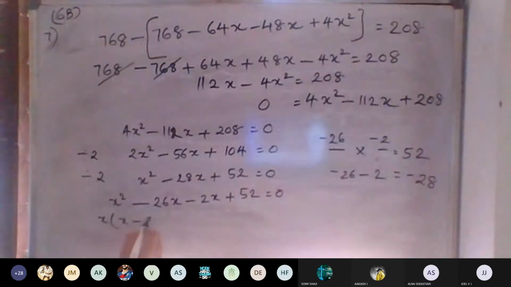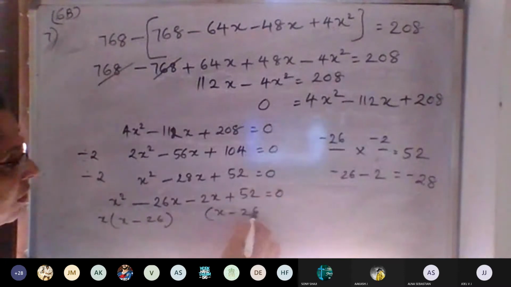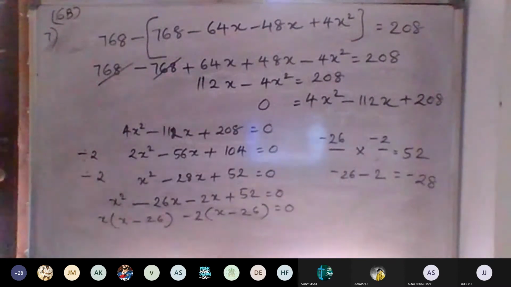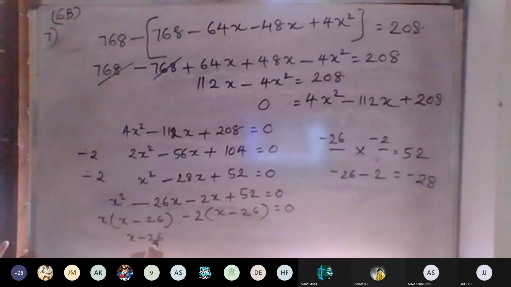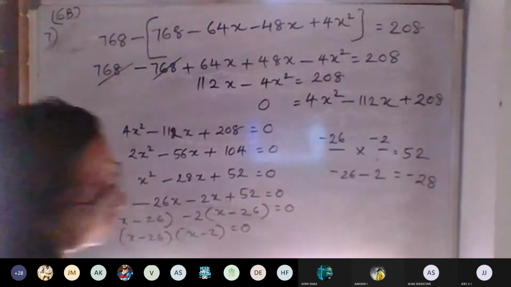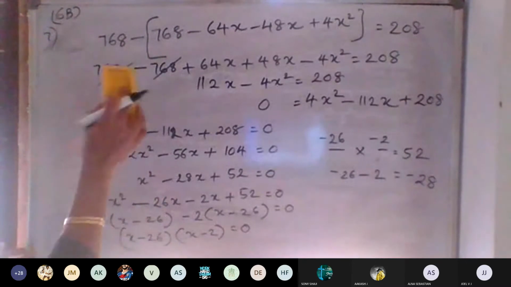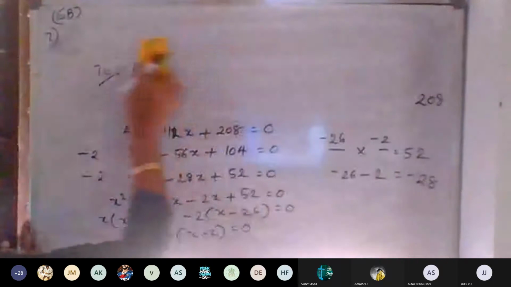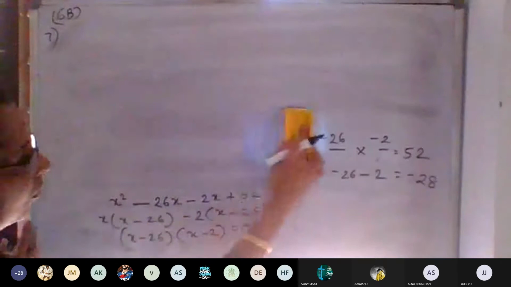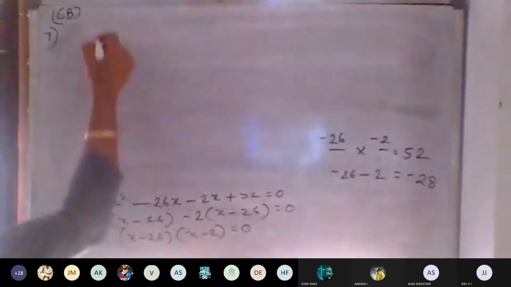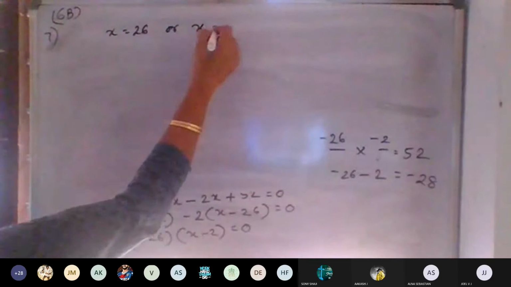So x into x minus 26, then minus 2 into x minus 26 is equal to 0. So x is equal to 26 or x is equal to 2.